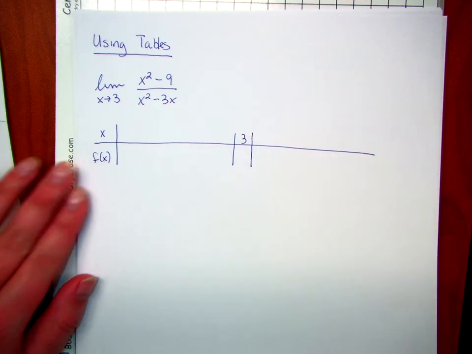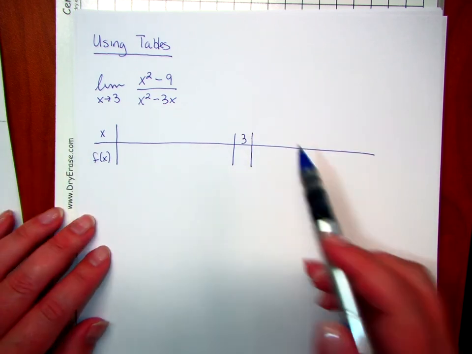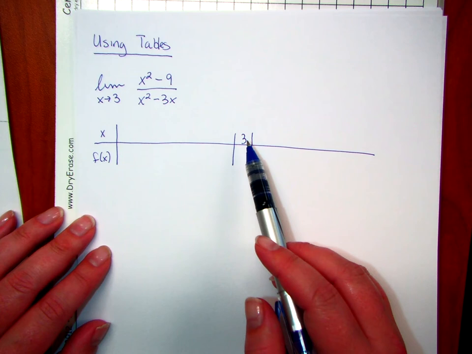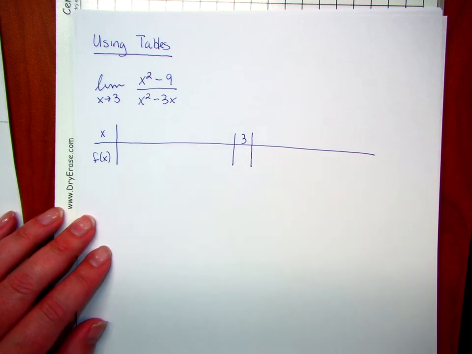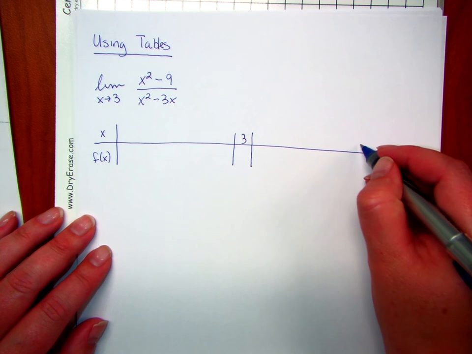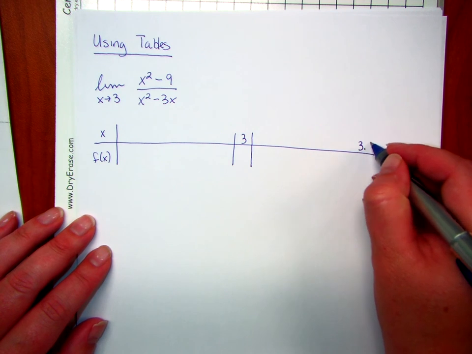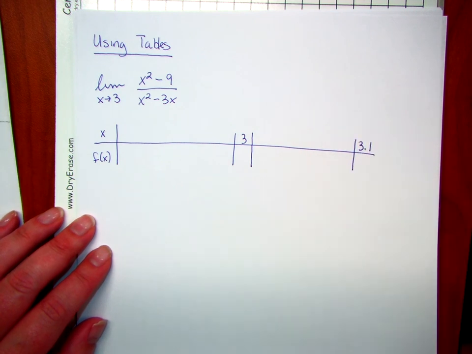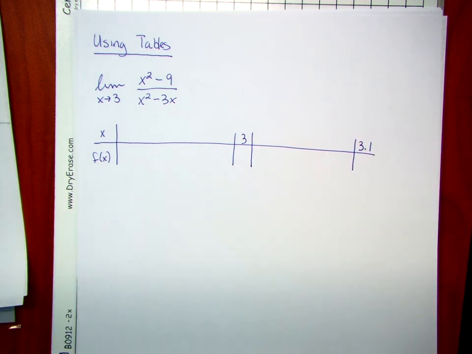And then we need to pick values greater than 3 and values less than 3. As I said before, I like to stay within a tenth. So if I were to pick values greater than 3, the furthest away I'm going to go is 3.1. When we say approaching, we're talking like microscopic distance away from 3.